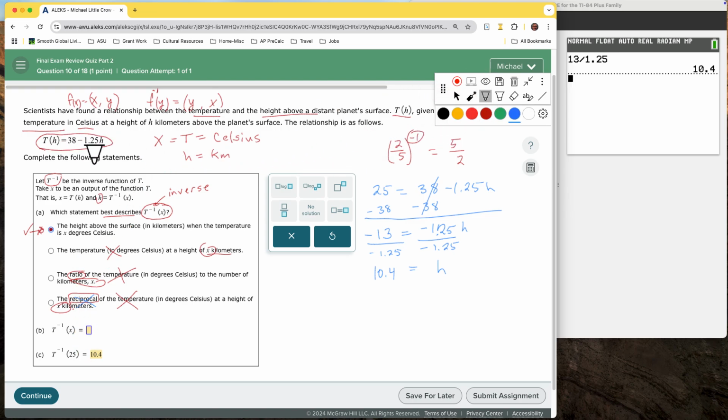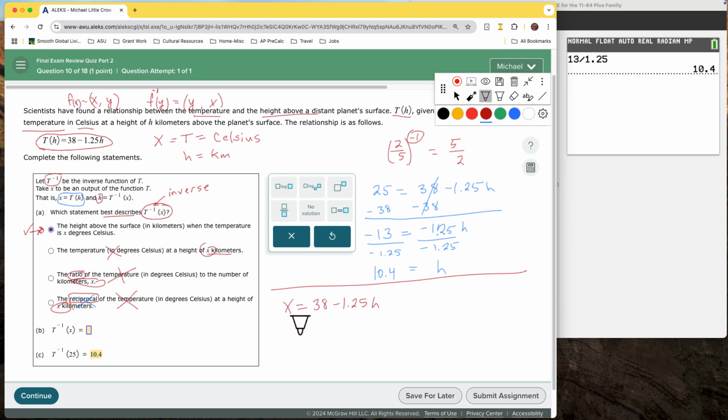So we take our forward function, and they tell us we want to do it all in variables: let x equal t of h. Okay, so we're going to rewrite it. Let's change color here. x equals my function, 38 minus 1.25h.